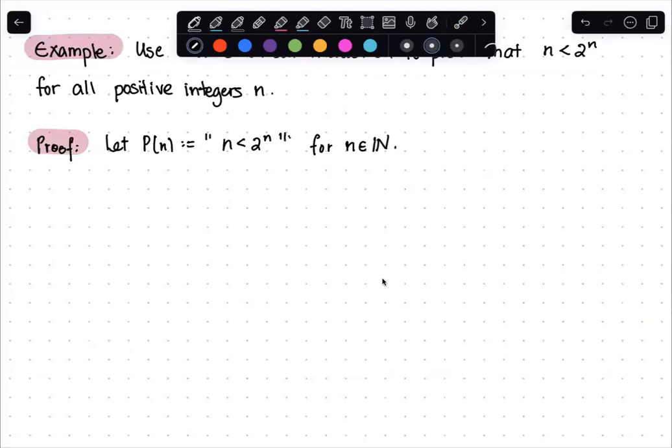Now we just have to show the base case. In the base case, we show that P of 1 is true.